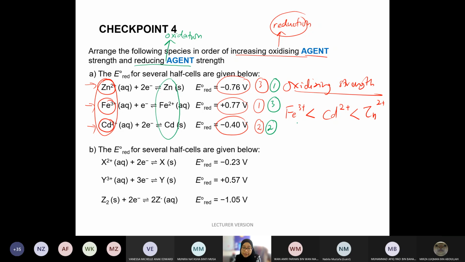So in terms of reducing strength, it would be from the weakest to the strongest. The weakest was number 3, iron 2+, then Cd solid, and lastly we have zinc.